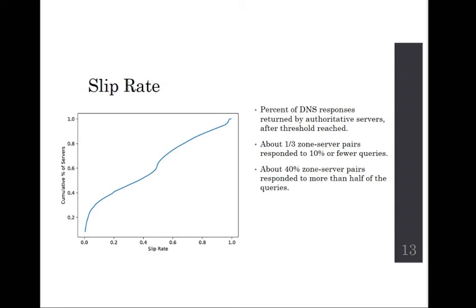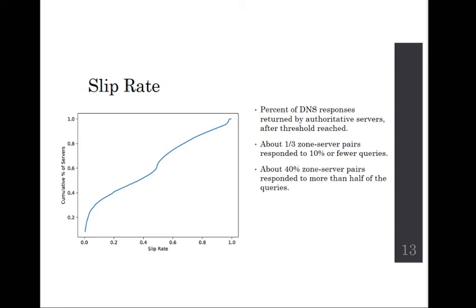I think in configurations that would be somewhere around a slip rate of 3 in BIND, and I'm not sure what it's called in Unbound. And then there were about 40% of zone server pairs that responded to more than half the queries. And actually in at least some configurations, half is about the highest that you get.